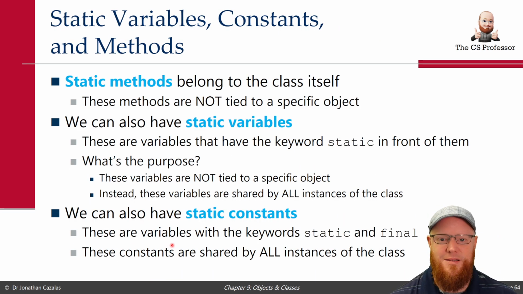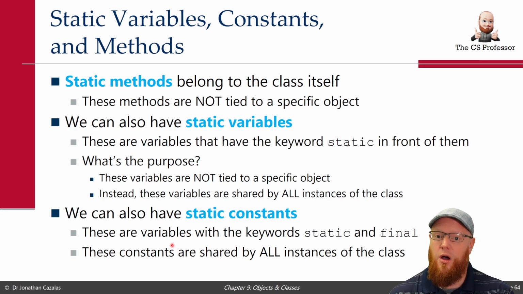That's an instance method. Static methods, they belong to the class itself. And those static methods, they are not tied to a specific object. We can also have static variables. This is going to be new for us. These are variables that have the keyword static in front of them. What's the purpose of a static variable?